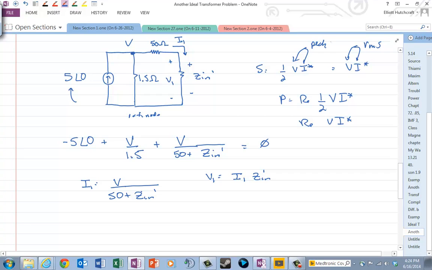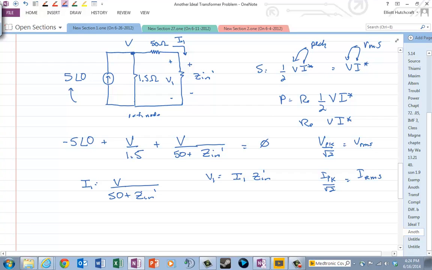And of course that makes sense, because of the relationship between the peak and the RMS values. You take V peak and divide it by square root of 2 to get V RMS, and I peak divided by square root of 2 to get I RMS.